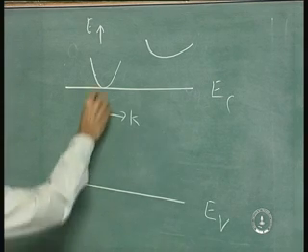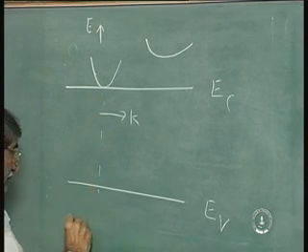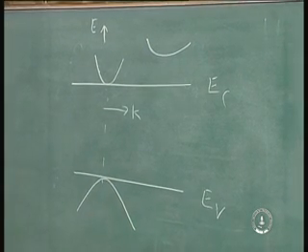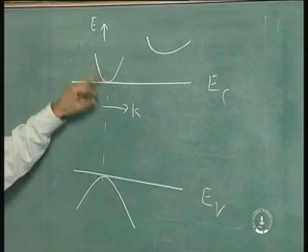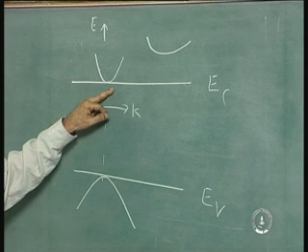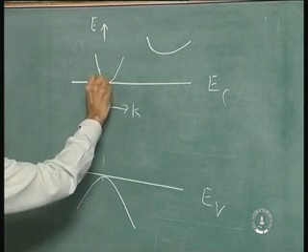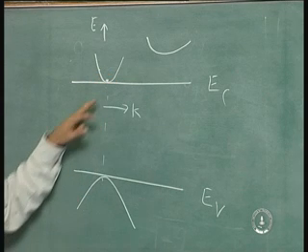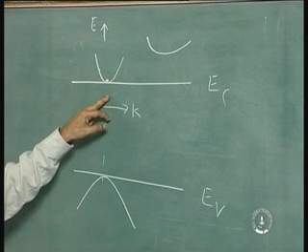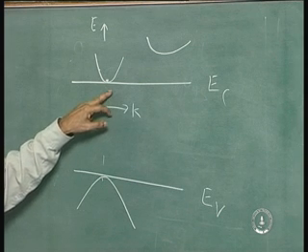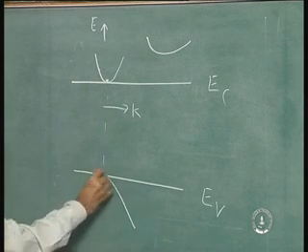And directly below that you have the valence band. So, with an energy versus momentum diagram like this, the implication is the electrons will stay here, at the bottom of the conduction band. So, electrons will always be occupying this position, holes will be occupying this position.